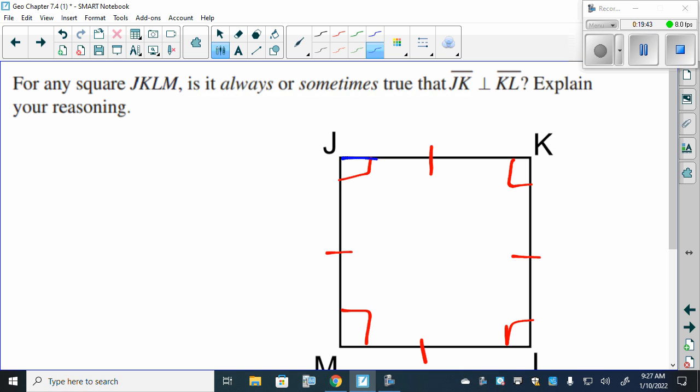Now, what we're wanting to say is that JK and KL are perpendicular. If two lines are perpendicular, they do what? They intersect at a right angle. Always.